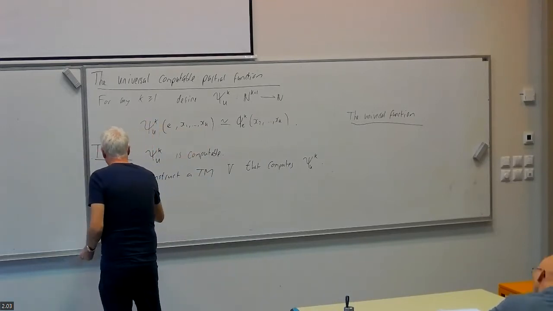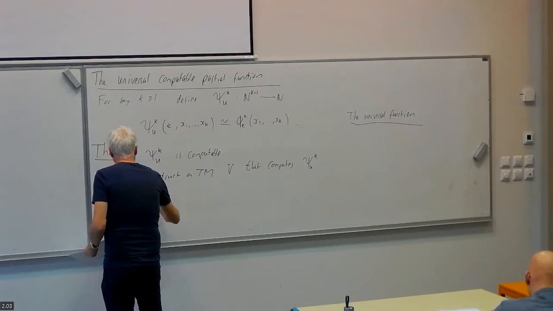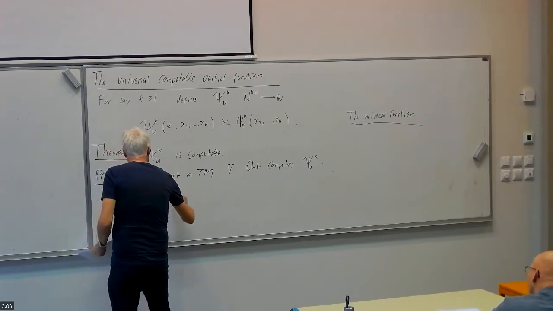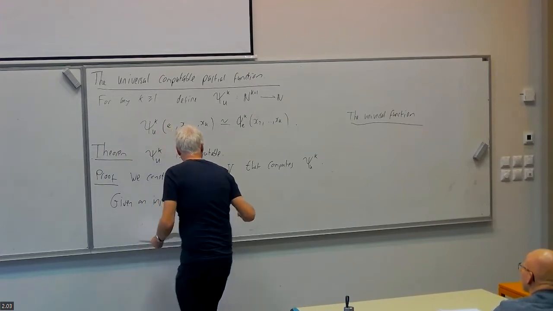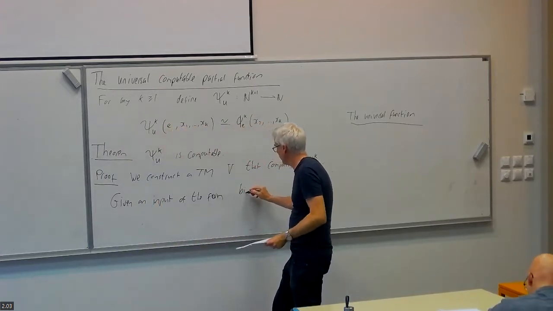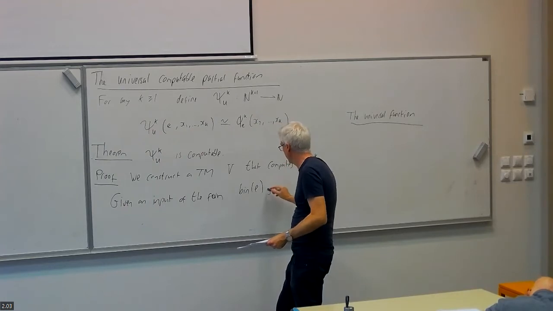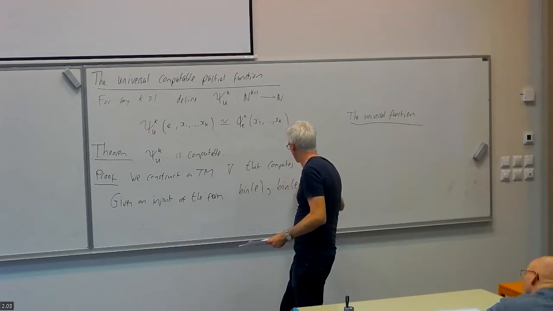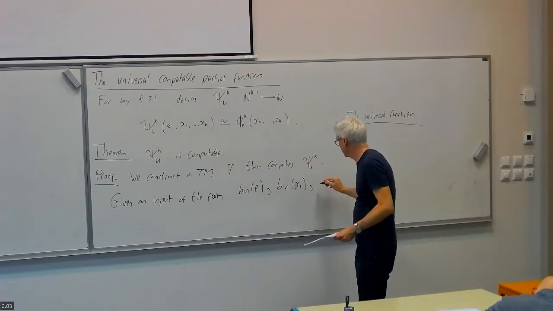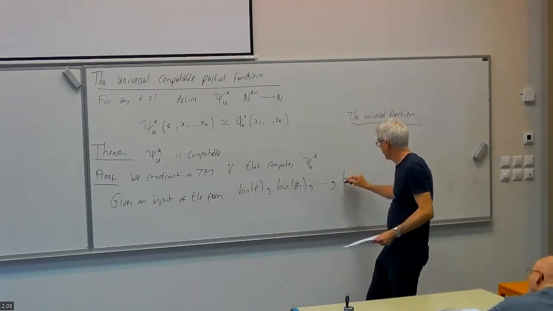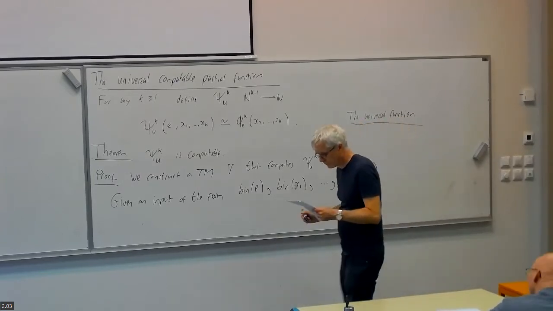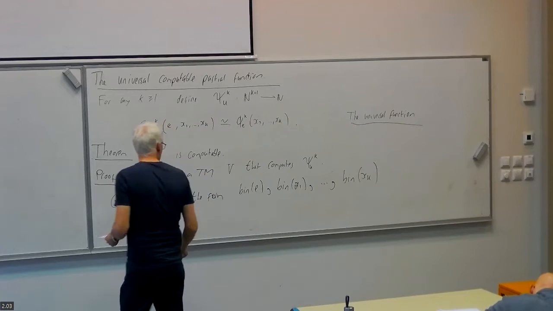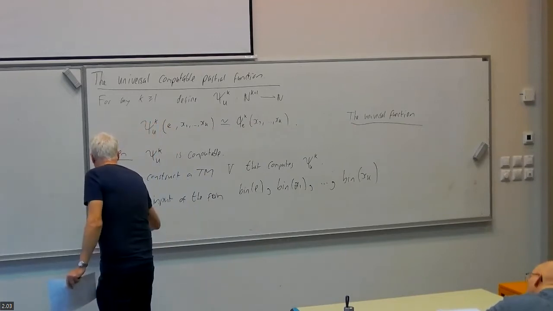So given an input of the form binary representation of e, comma, binary representation of x1, comma, through to binary representation of xk, V proceeds as follows.